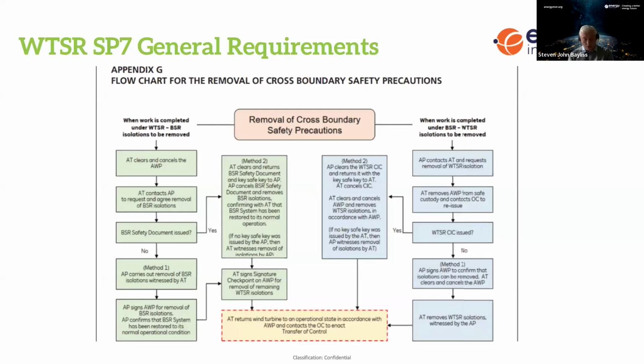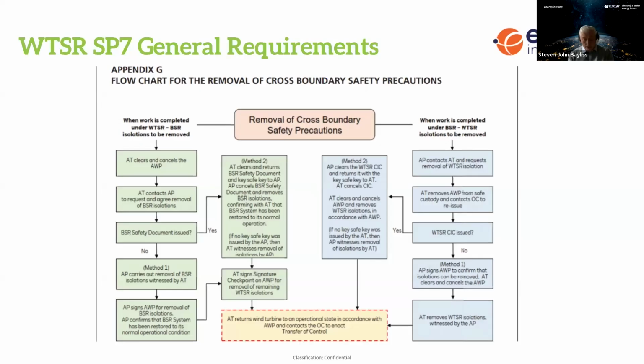So again, if you look at this flow chart, which is appendices G in the document, we can go on the left hand side. So the green section follows sections 6.9 and 6.10 of the P7, when WTSR is the primary set of rules. Again, scenarios for this, going back before, would be replacements or work on a boundary circuit breaker under WTSR.